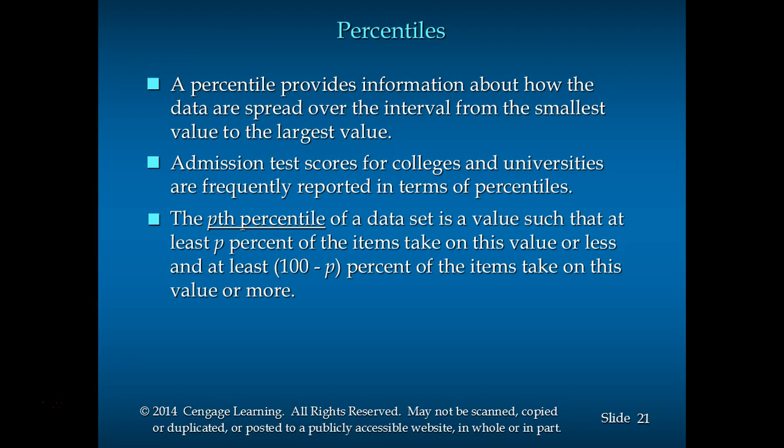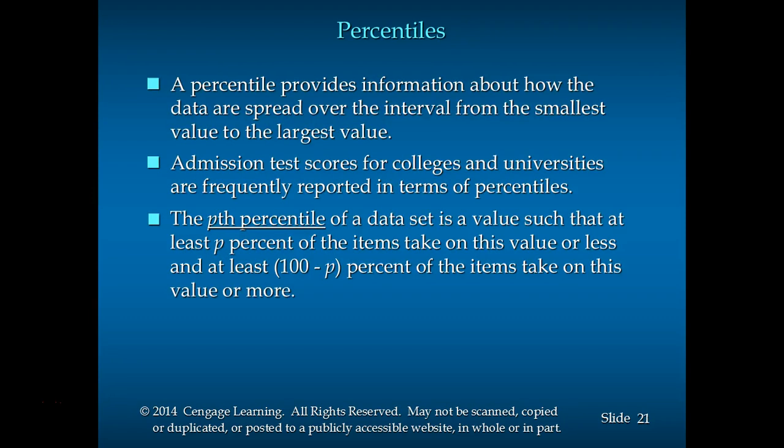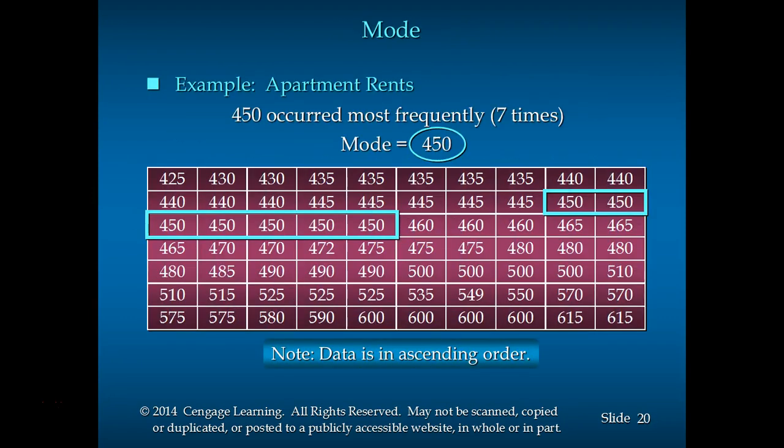Okay. So for example, if I talk about the 90th percentile of the price, let's go back to the prices in the previous example. If I talk about the 90th percentile, I'm talking about the top 10%. And what value is the 90th percentile? It is 600.